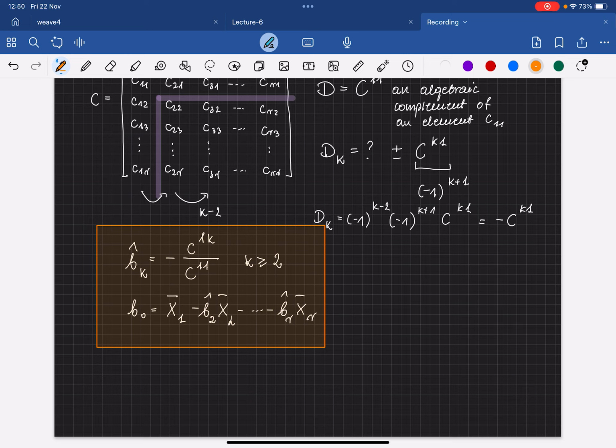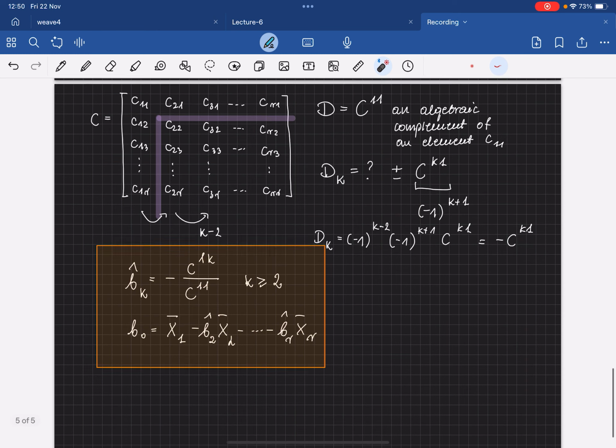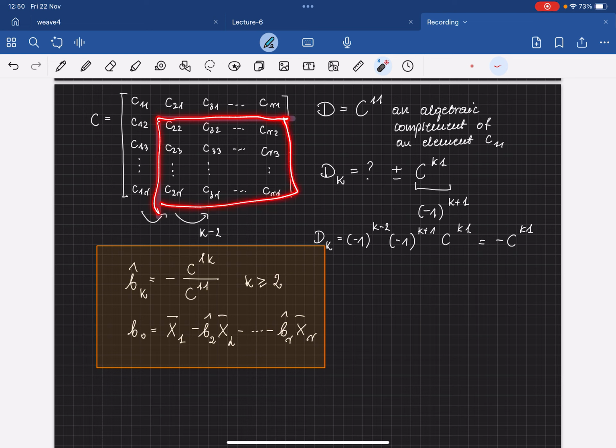Now we can draw some conclusions out of our calculations. First of all, the calculations are valid when this C11 is not 0, which means that this matrix here has a non-zero determinant.